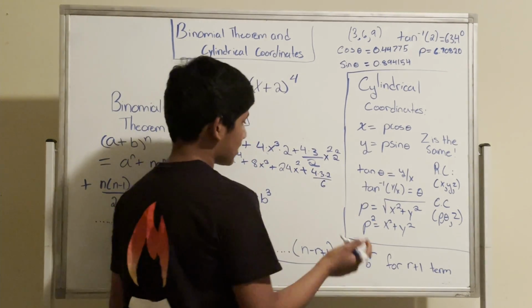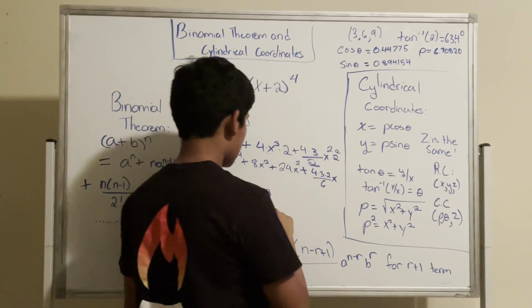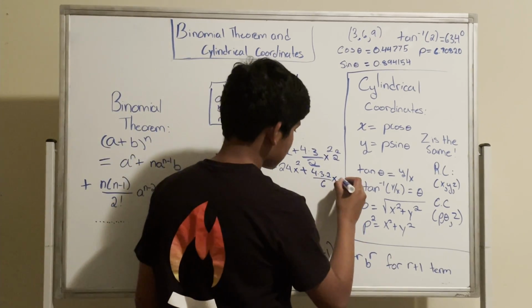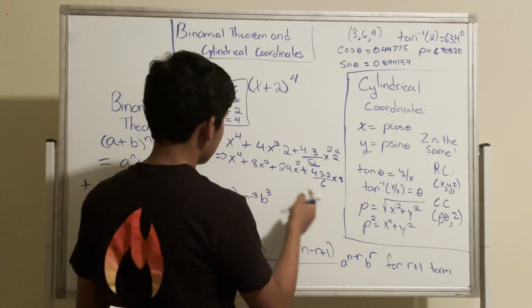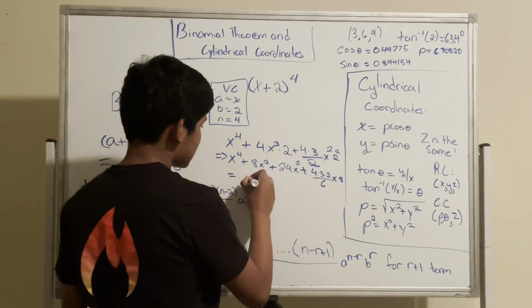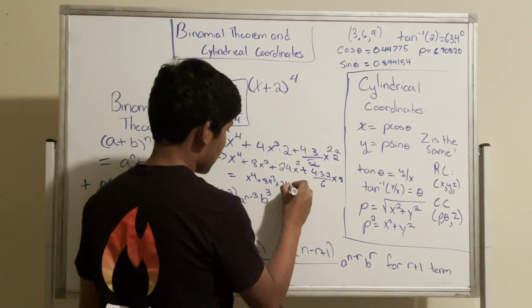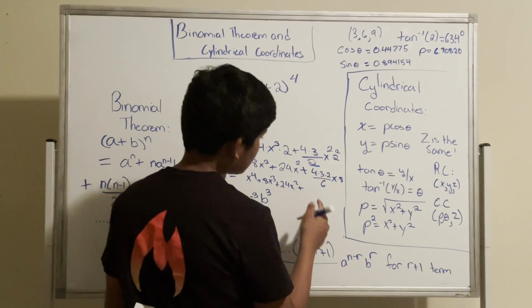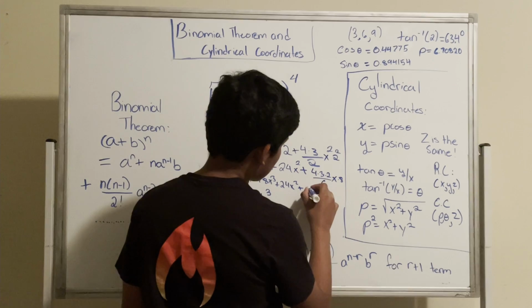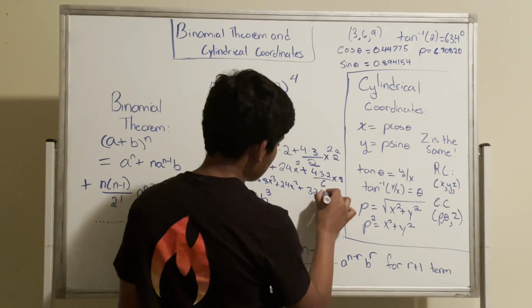Then a to the n minus 3, well, that's just going to be x, and b cubed is going to be 8. So simplifying this is just going to be x to the 4 plus 8x cubed plus 24x squared plus 12 times 2 is 24, 24 over 6 is 4, 4 times 8 is 32, 32x.